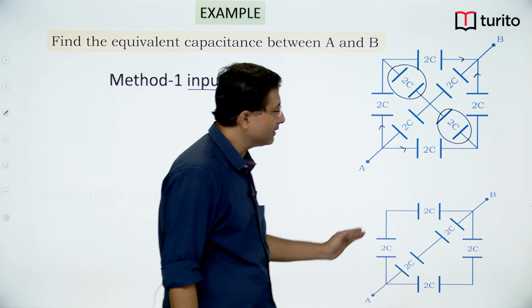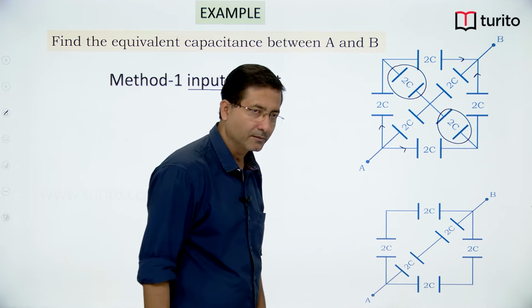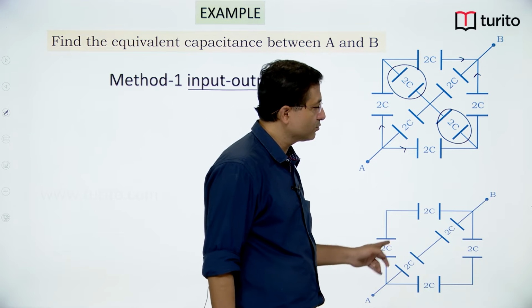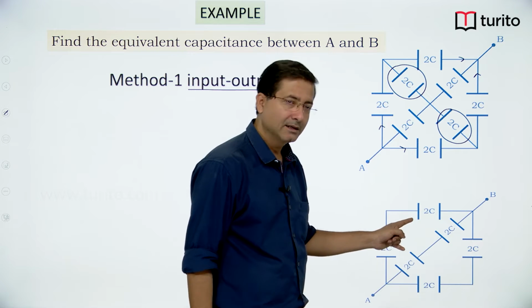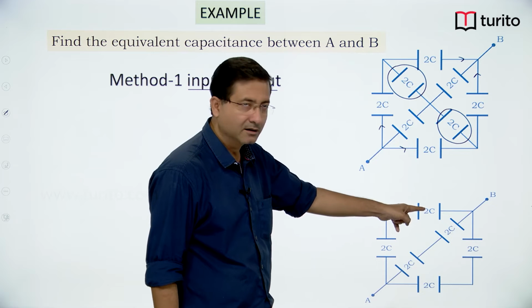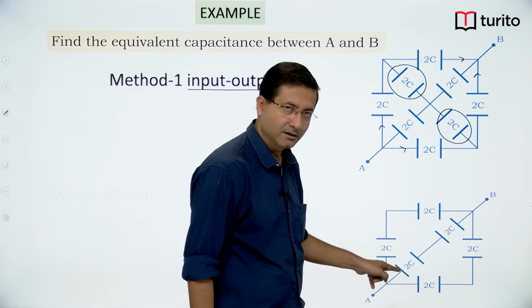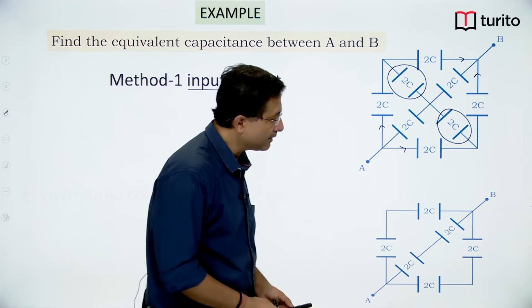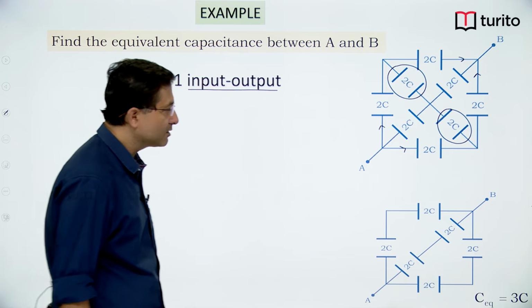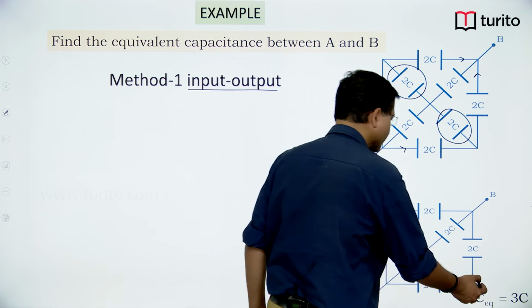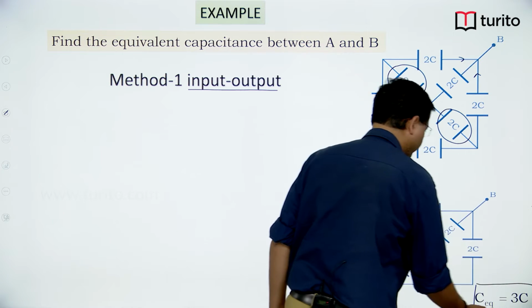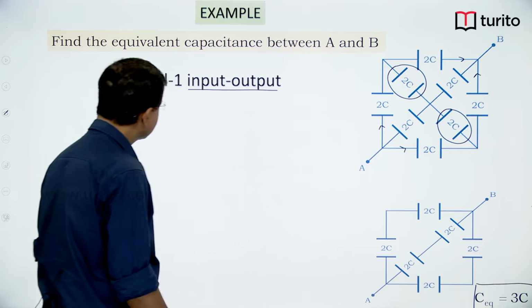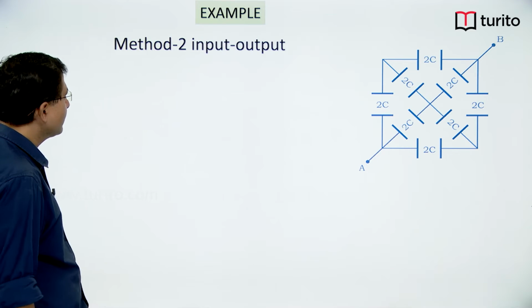After redrawing the circuit, I can easily see what is happening. 2C and this 2C are connected in series, so I can see C here, C, C, and then it will make 3C. So the equivalent capacitance will become 3C. So this is method 1.